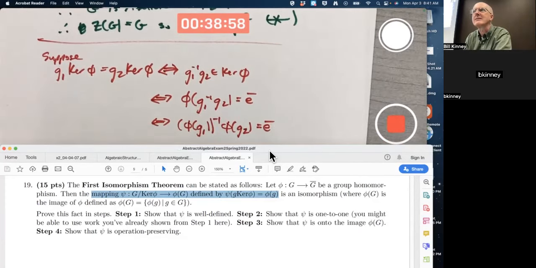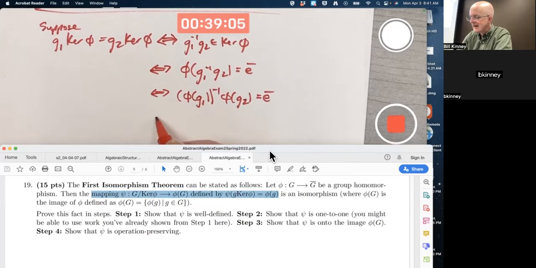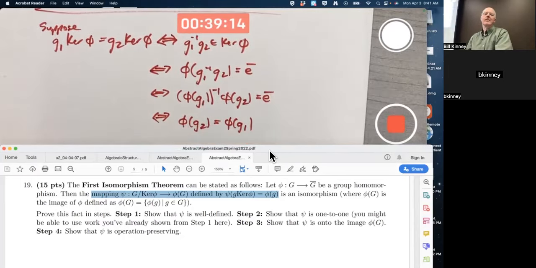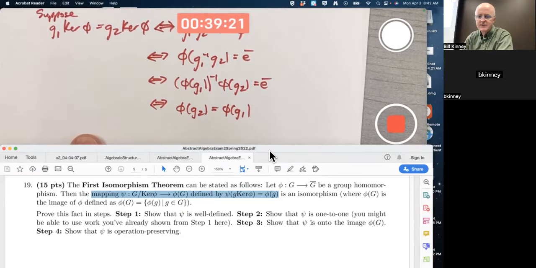I think we've done that enough that we could call that okay. And now just multiply both sides on the left by phi of G1. And for extra emphasis, we could say this is equivalent to psi of G2 coset equaling psi of G1 coset.